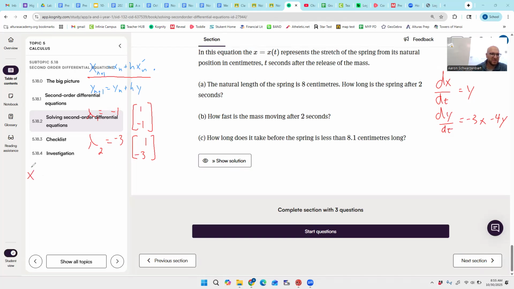My equation was the x vector equals A e to the lambda 1 t, they called it P1, plus B e to the lambda 2 t P2. There's a T here, sorry, I missed the T. Negative t, 1, negative 1.